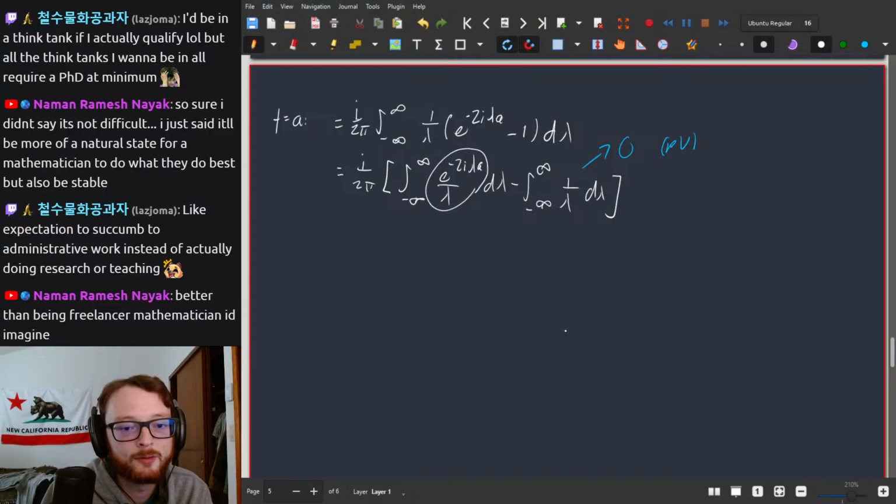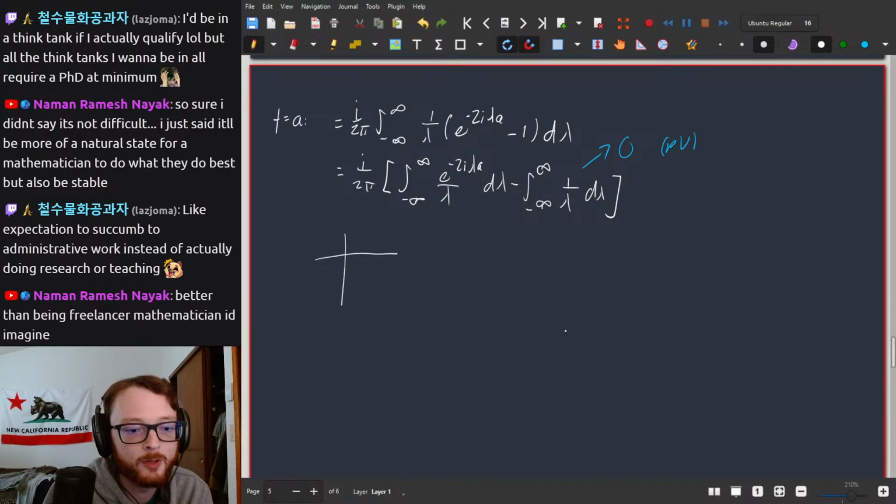This one, Jordan's lemma applies. We have a negative exponent, so we need the contour in the lower half plane. What does the residue calculation get us?